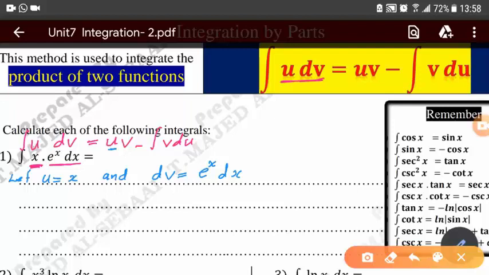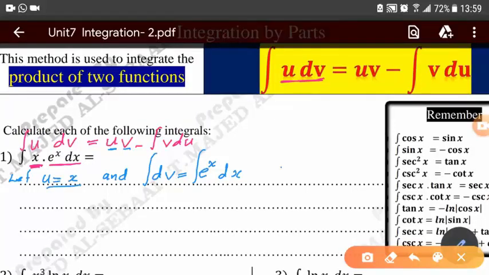Right. Now, if you notice, I need u, it's with me. I need v, v is not with me. How can I find v? By integrating this. If I integrate both sides, the integration of dv, what will it be? It will be v, right? What is the integration of dx? It is x.